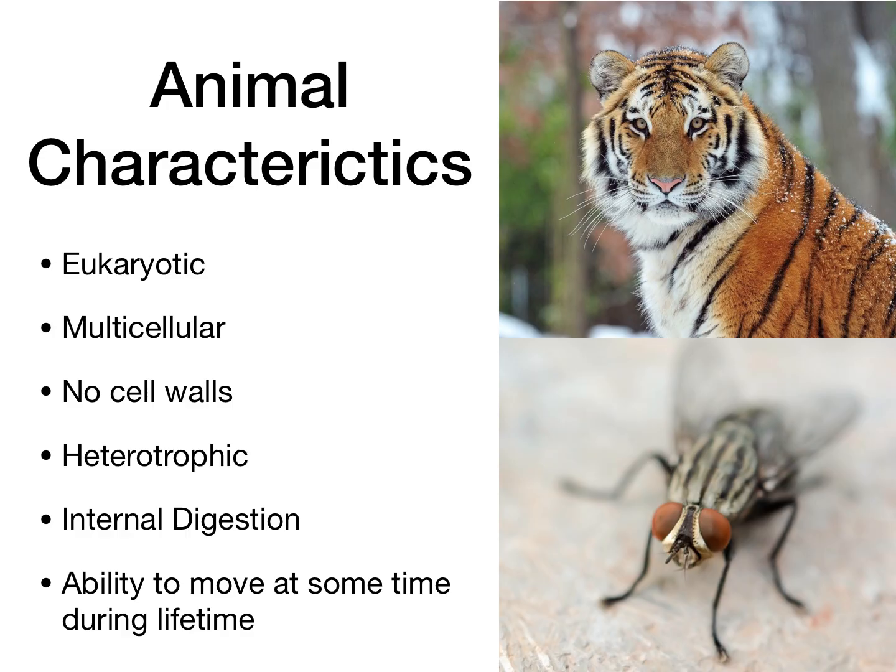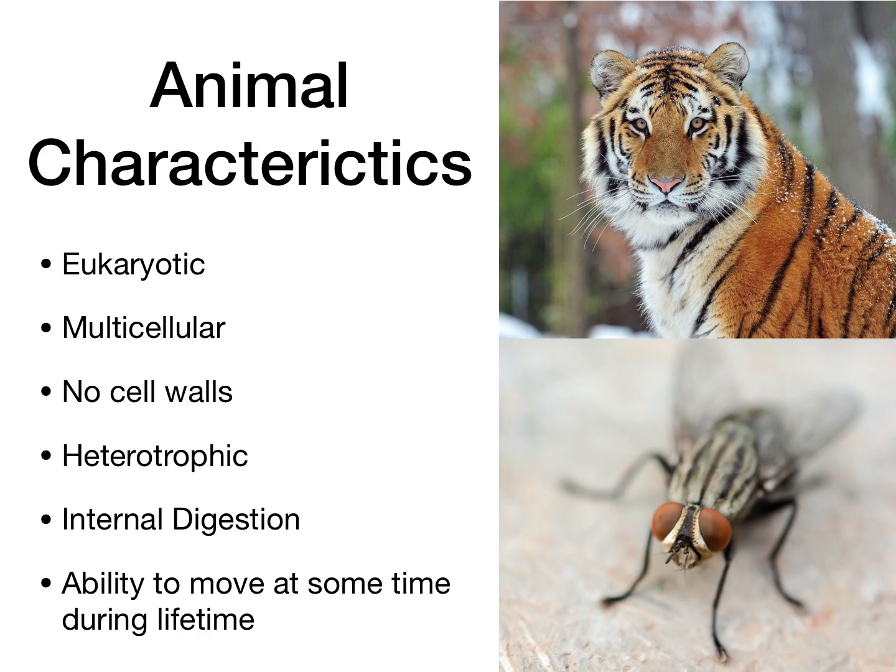So it's not surprising to you that all animals are eukaryotic. They all are multicellular. They have no cell walls. They are all heterotrophic. And they have internal digestion, which is different than fungi with the external digestion. And then all animals have the ability to move.